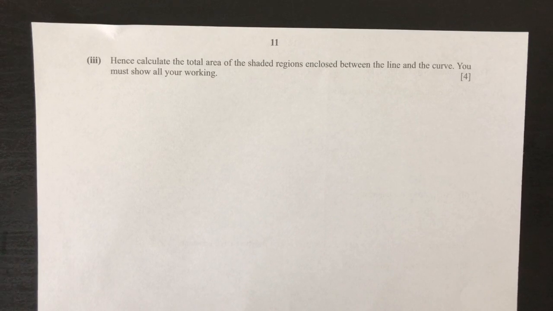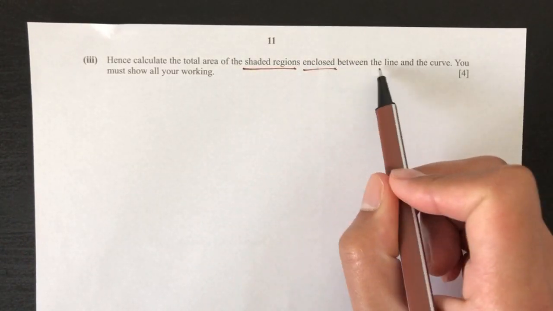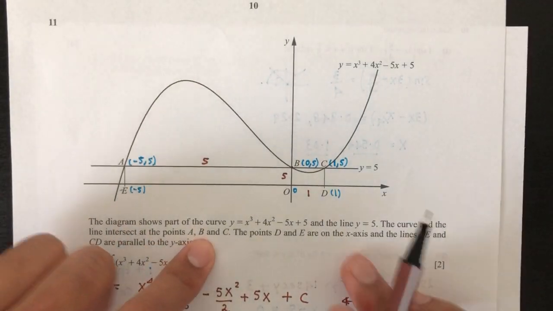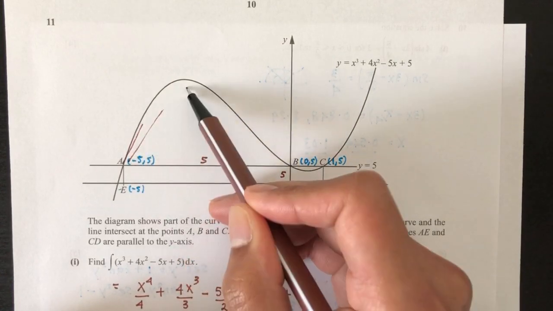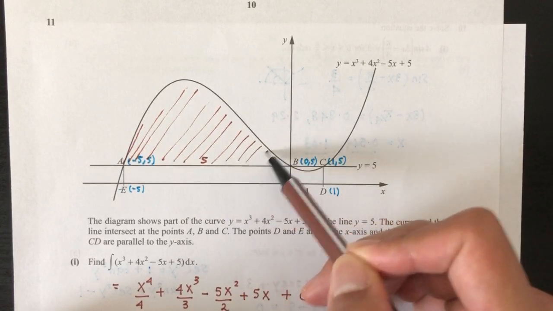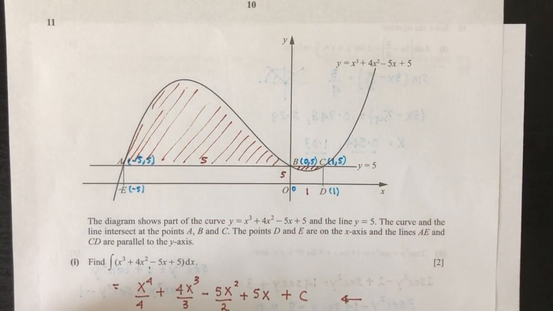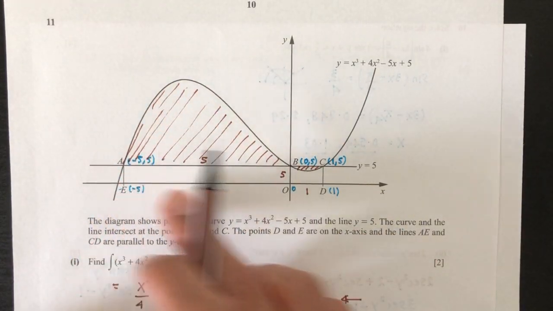Hence, calculate the total area of the shaded region enclosed by the line and the curve. Okay, so let's see. According to the question, this has been shaded, so we have this space and this space. So we have to find them one by one. First you have to find for this one between this and this point.